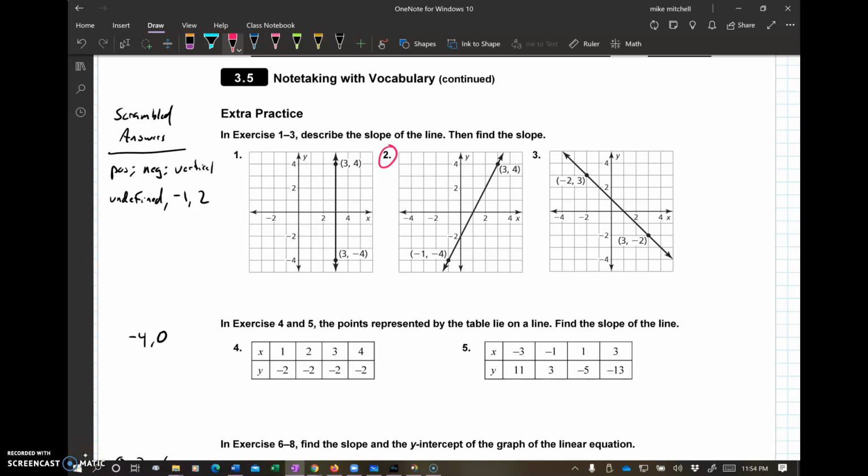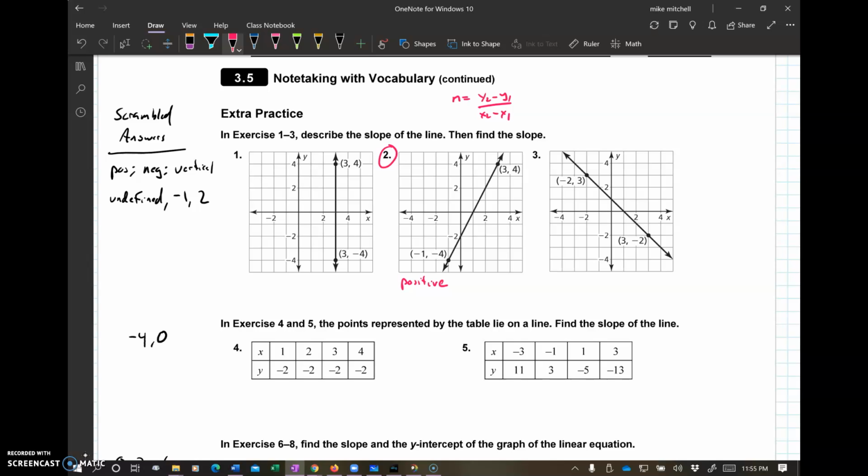Okay, let's do number 2 here. Describe the slope of the line. I look at this. This is a positive slope. That's my description. Positive, negative, horizontal, vertical. Those are your descriptions. Then find the slope. I'm going to use my m equals y2 minus y1 over x2 minus x1.